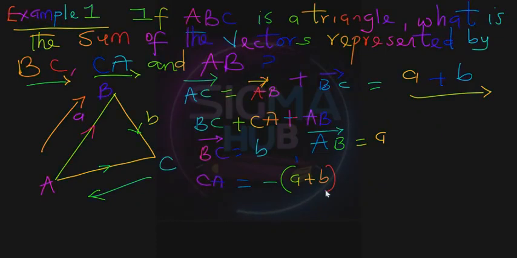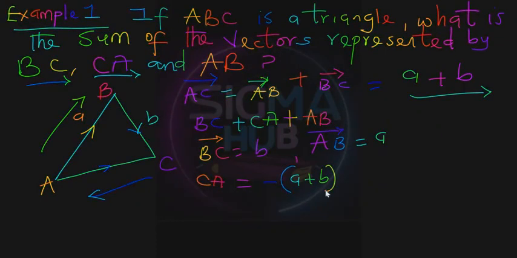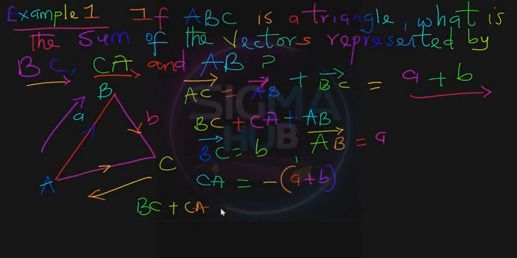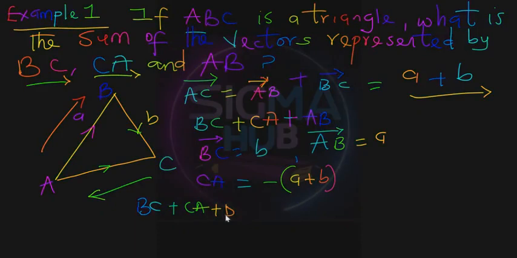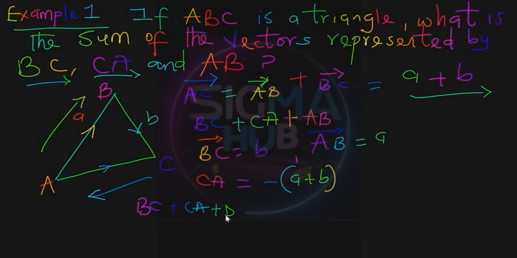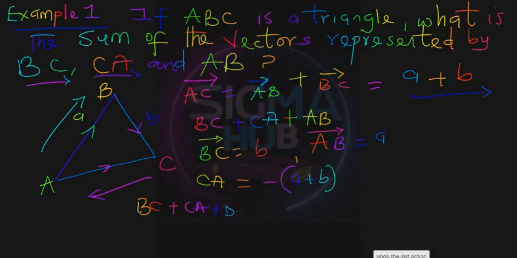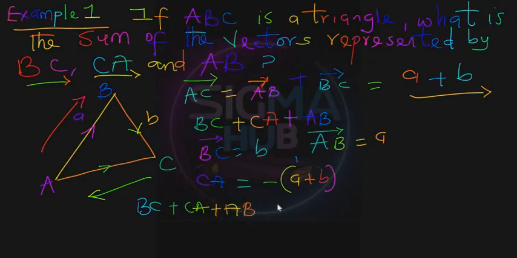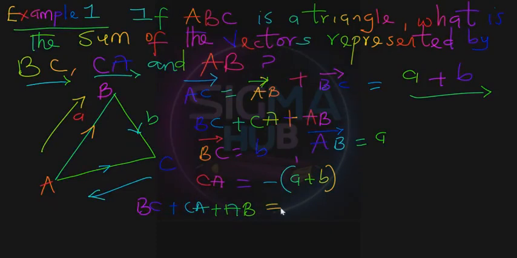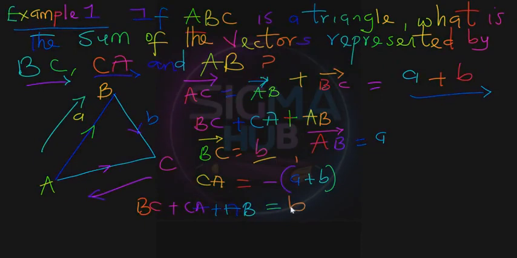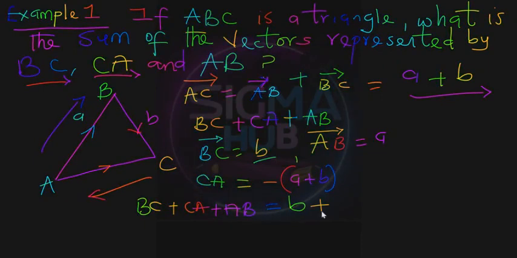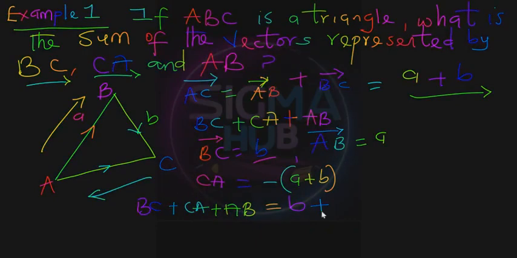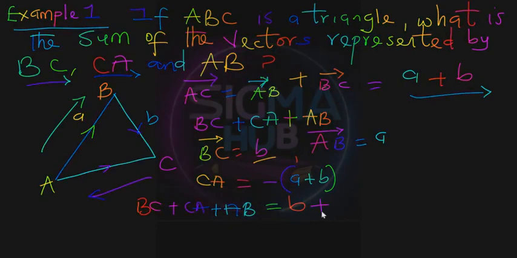So all we just need to do now is add BC plus CA plus AB together, and let us quickly get the result. BC is b, plus CA is minus (a plus b).